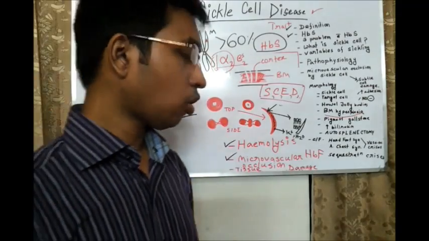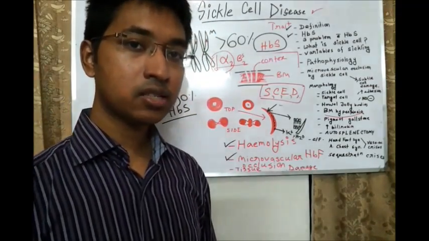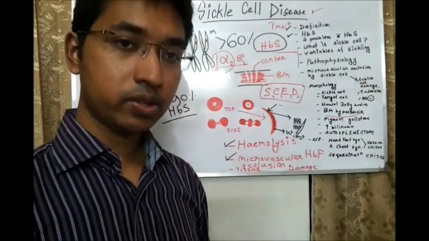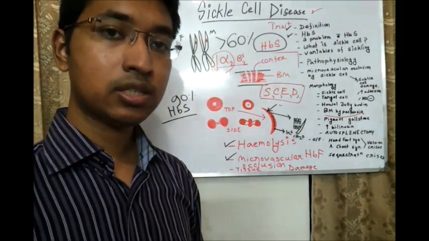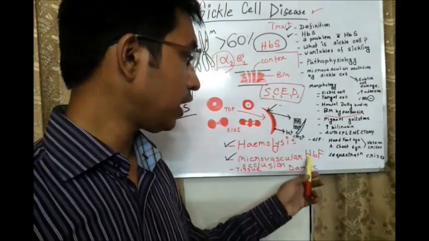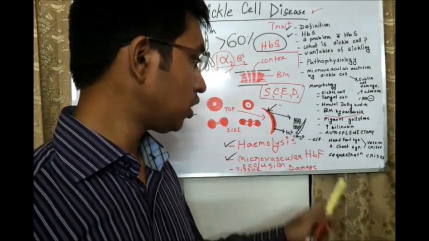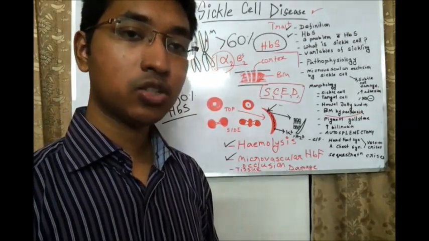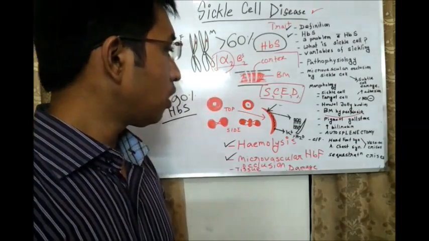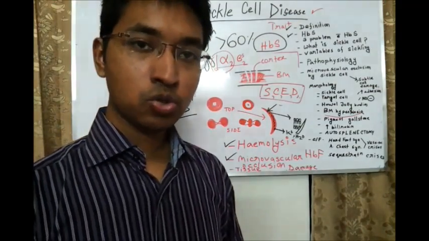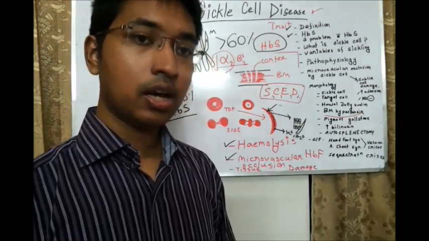And there is another drug called hydroxyurea that is very useful in sickle cell disease. The way hydroxyurea works is it increases hemoglobin F, and as we know, hemoglobin F gives us protection from sickling. Okay, so this is in short about sickle cell disease.